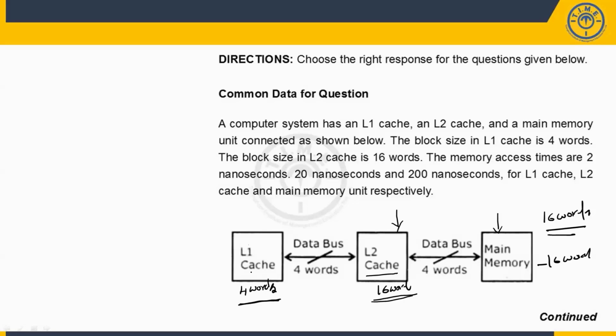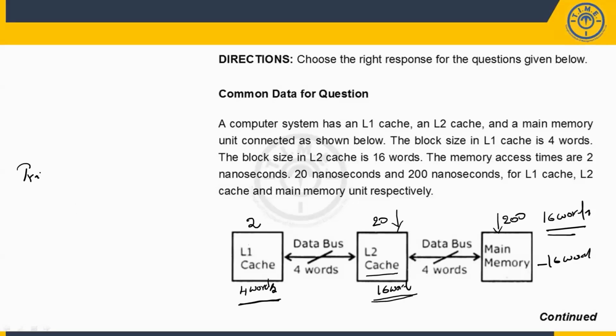Okay, so here the access times are provided. The access time of the L1 cache is 2, L2 cache is 20, and main memory is 200. Now, in order to make a transfer from L2 to L1, we need the access time of L2 and the access time of L1.